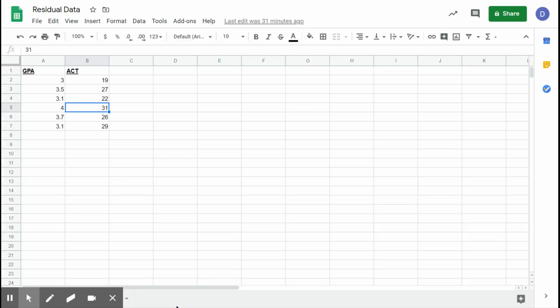Now, you have to be careful with this. If you have not calculated the slope and the y-intercept, and you have not put that equation into y1, then that is not going to work. So make sure you do that before you try to find the residual right there.